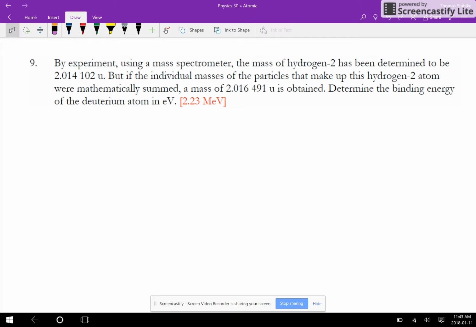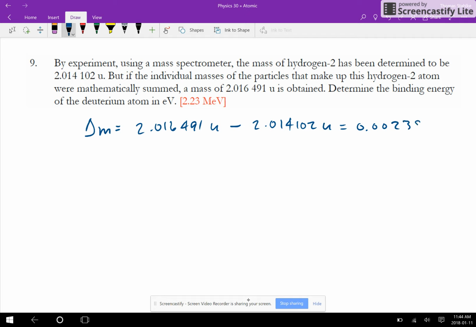And also, when we're asked to determine the binding energy, that just means what is the energy equivalence to this mass defect. Now, first of all, mass defect is the difference in the mass of the sum of the nucleons and the entire nucleus. So let's take the 2.016491 atomic mass units and find the difference between that and the entire nucleus.